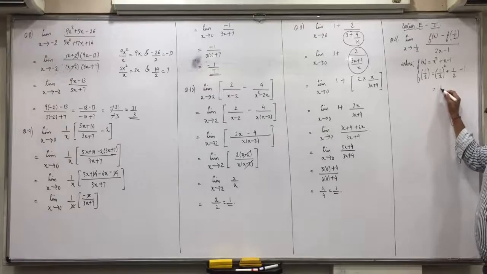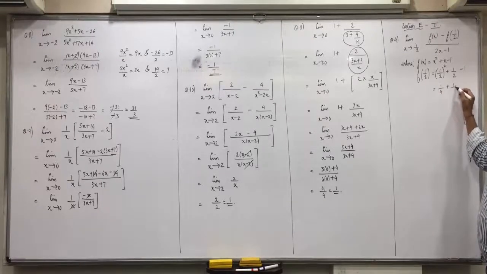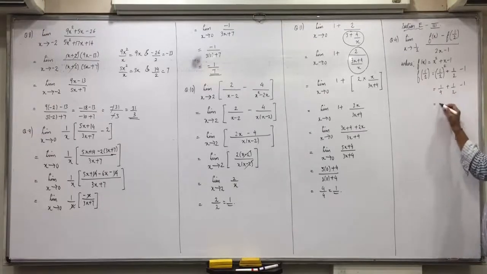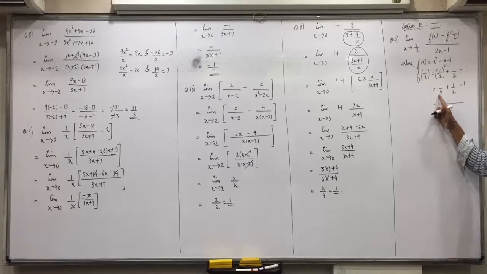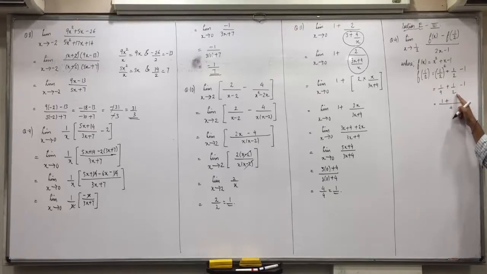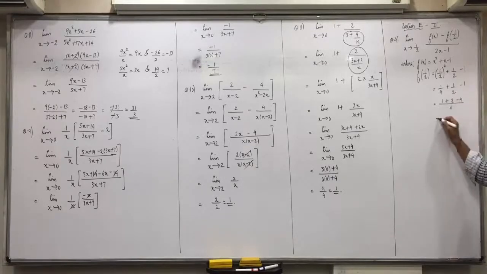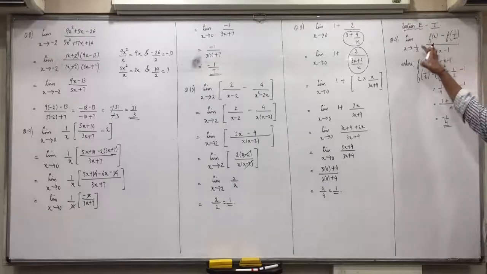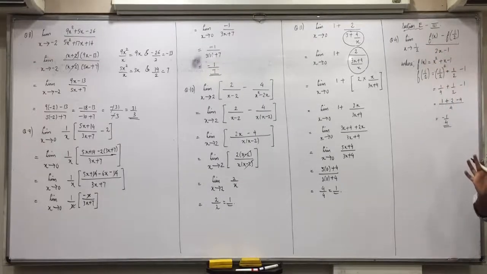Able to understand this? Now 1 by 2 whole square means 1 by 4 plus 1 by 2 minus 1. LCM is 4. 4 divided by 4, 1 into 1, 1. 4 divided by 2, 2 into 1, 2. And simply 4 into 1, 4. So minus 1 by 4. Understood this everyone? Now we can substitute in this equation and get the answer.